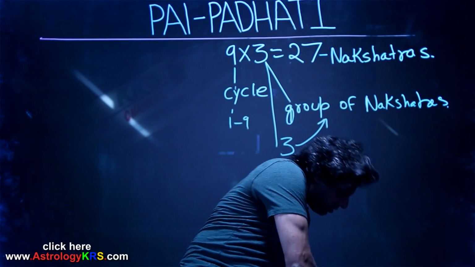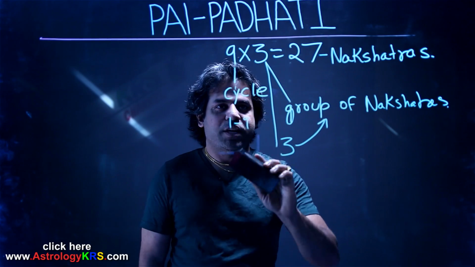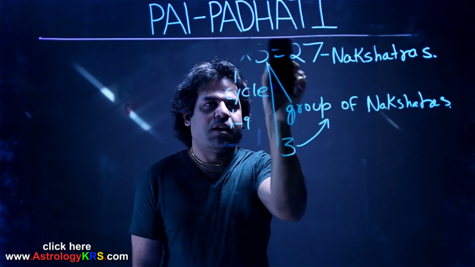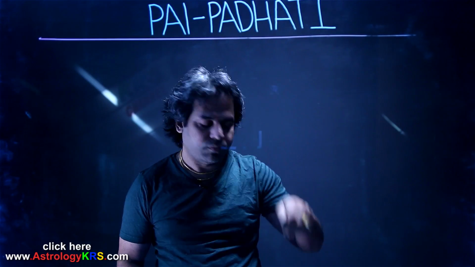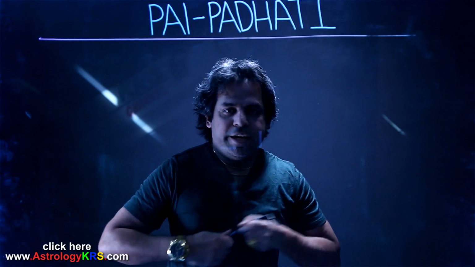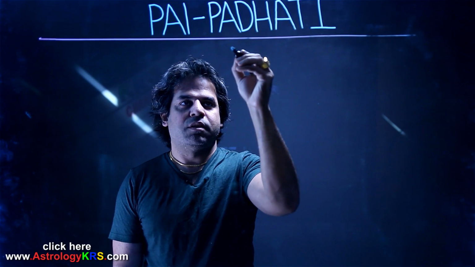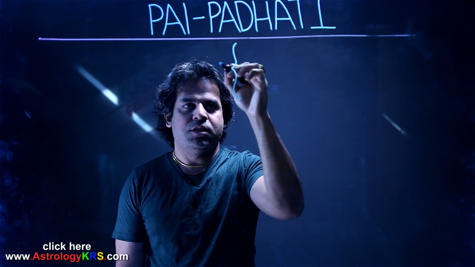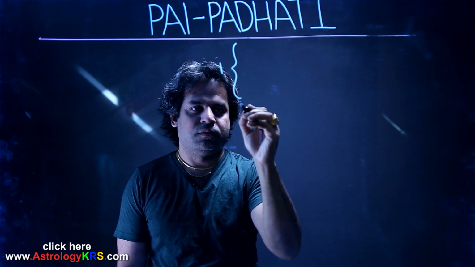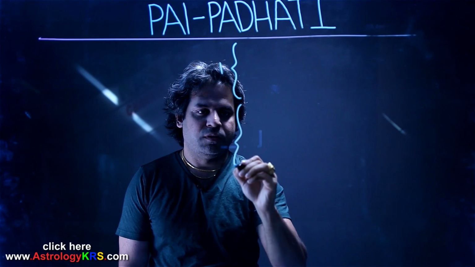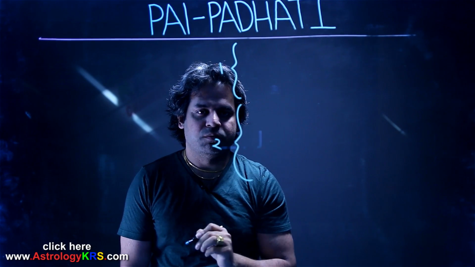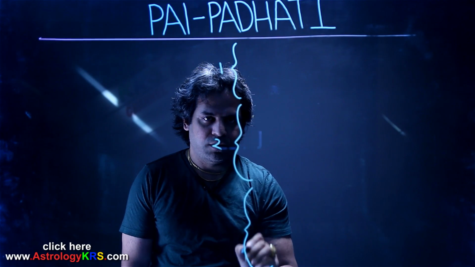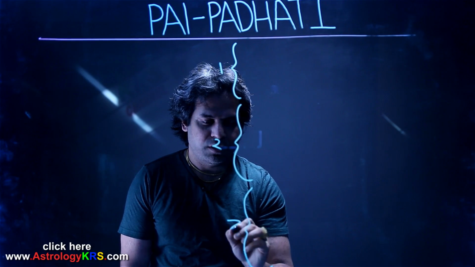So now, how do we understand this in more detail? All right, so we're gonna do this. This is group 1. Group 2. Okay, you can see up to here. Group 3.